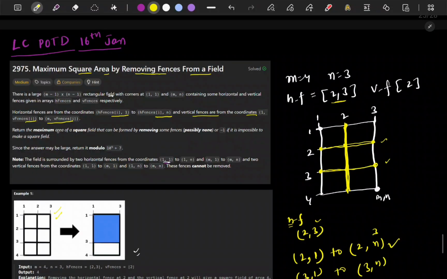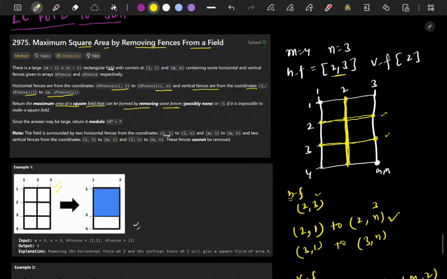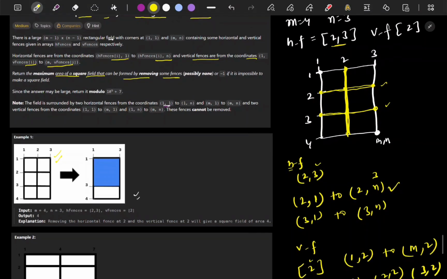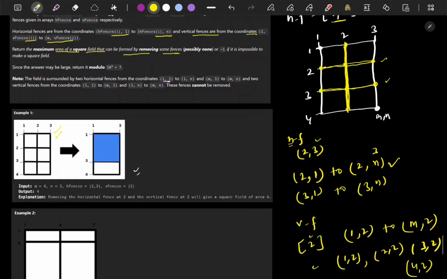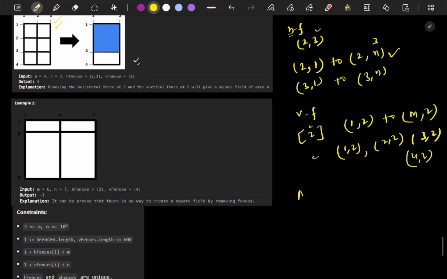Now the question is to return the maximum area of a square field that can be formed by removing some fences. We can remove some fences to make a square, and we have to return the maximum square area. What is the area of a square? Side squared.